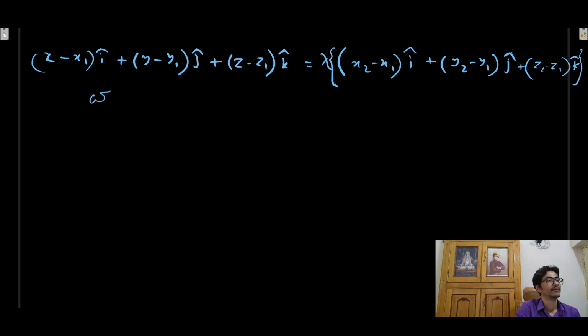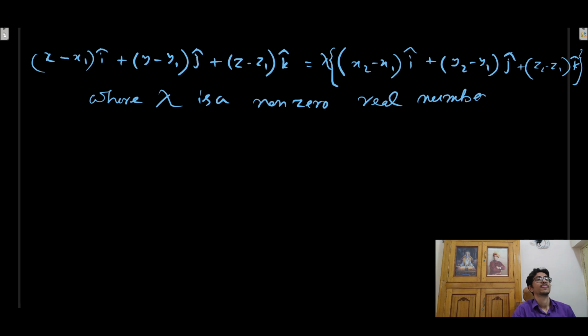where lambda is a non-zero real number. We are writing this from equation 1; we just put the values of R vector, A vector and B vector in equation 1 to get the Cartesian equation of the line passing through two given points. Next we equate the like coefficients of i, j and k.